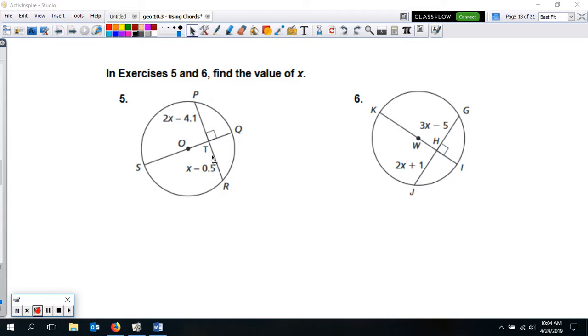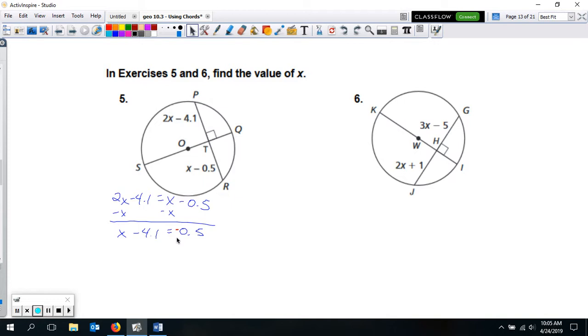Those two are going to be congruent, so we can set those two equal to each other to set up an equation and find the value of x. So 2x minus 4.1 is equal to x minus 0.5, and so we'll get the x's together. I'll subtract x from both sides first, so that gives me x minus 4.1 is equal to negative 0.5.